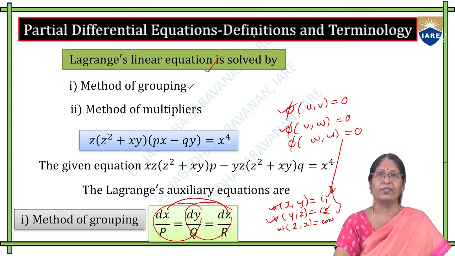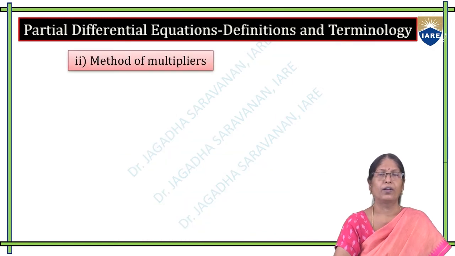Already we defined the Lagrange's linear equation. Towards that we will take our problem to get the solution. Next one, the method of multipliers. What is the terminology related to that?